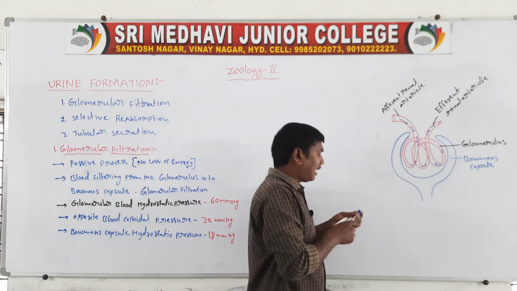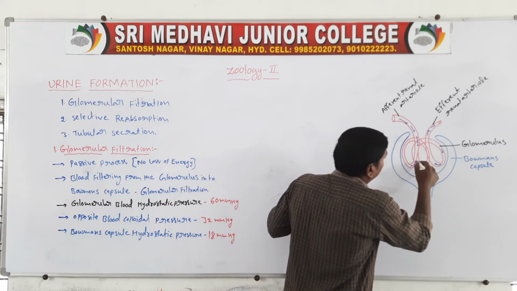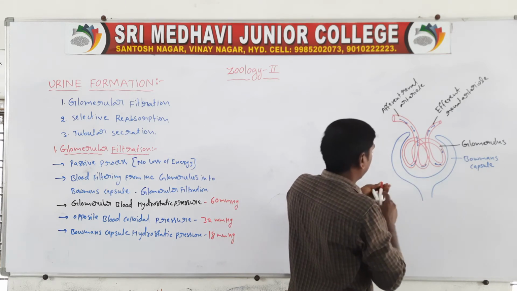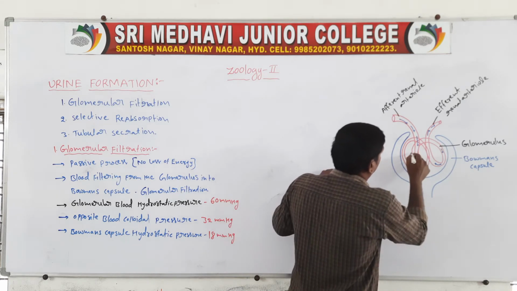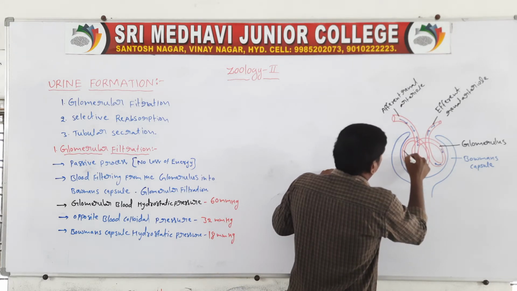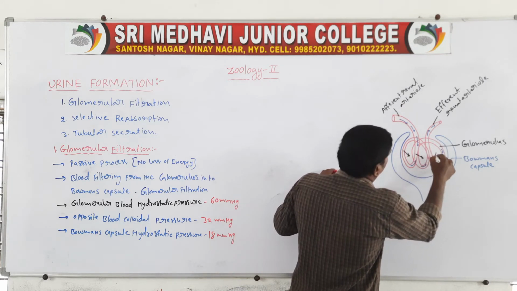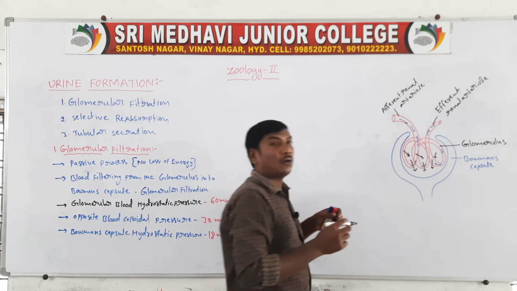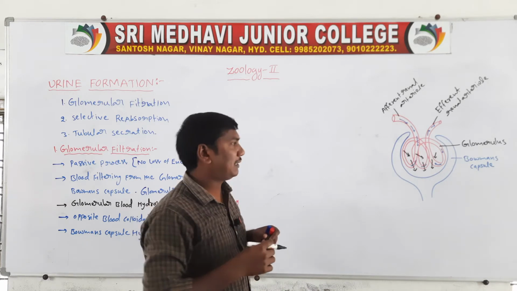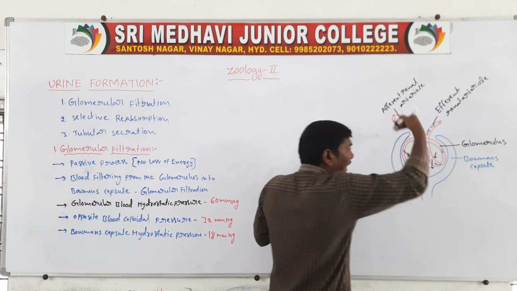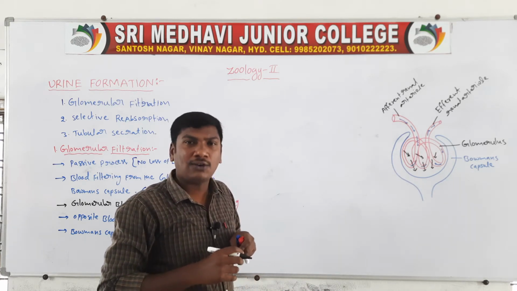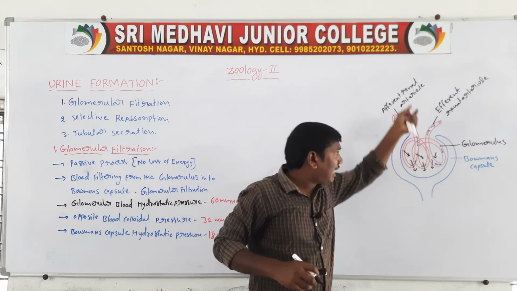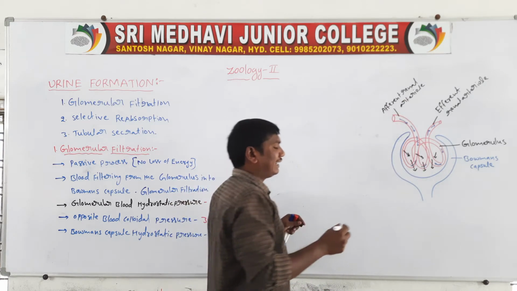First of all, the glomerular blood hydrostatic pressure is directed upside to downward, and it is 60 mmHg.